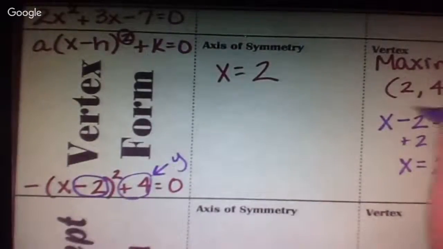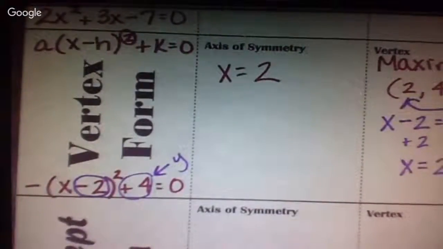And that's why this is positive 2. Opposite, always. So if I had x plus 4, my vertex should start off negative 4. Okay, so there are some fancy things that your different forms of the quadratic can do.